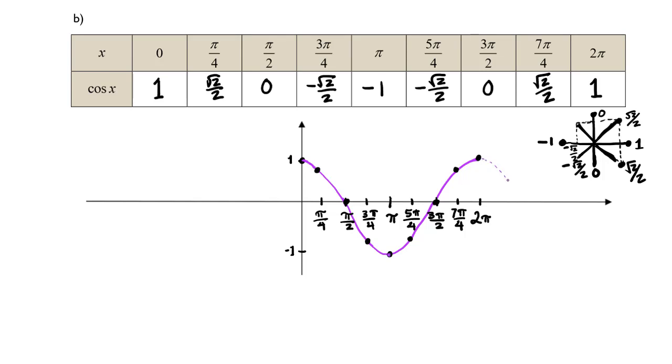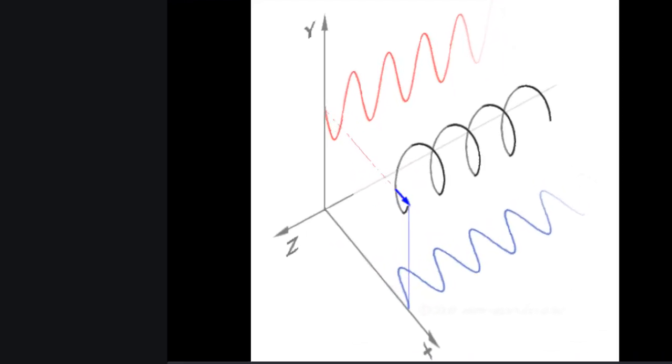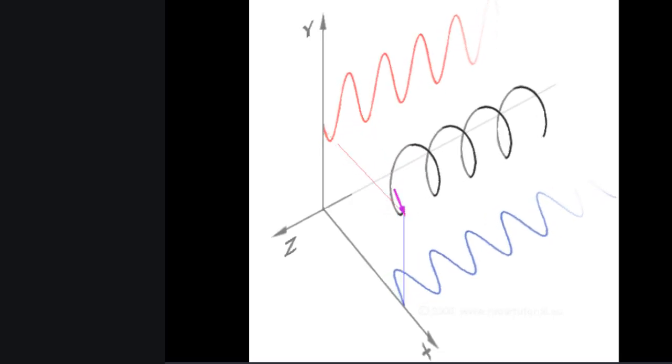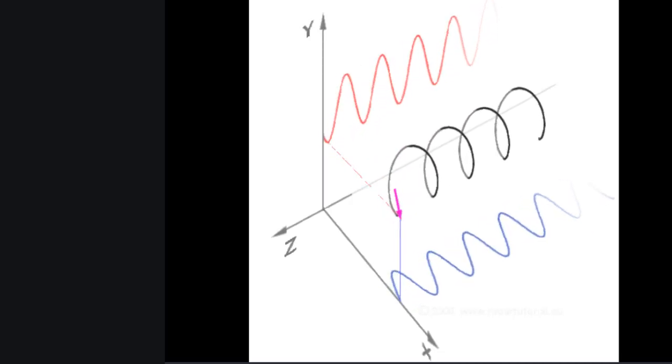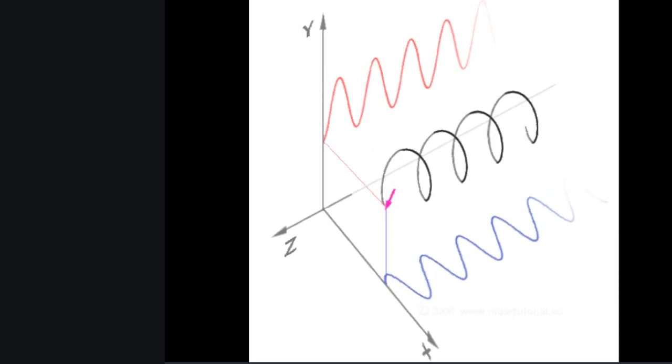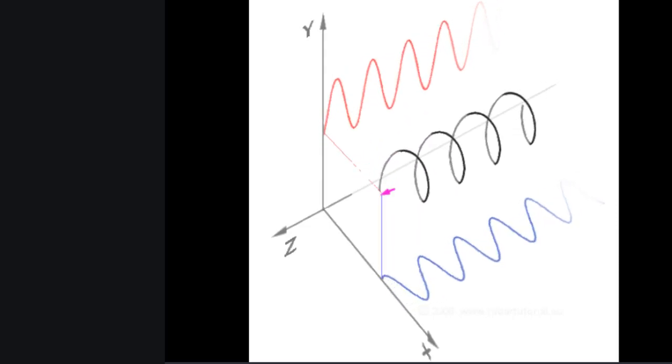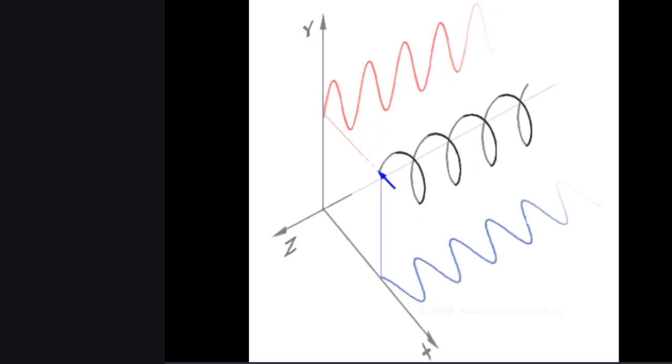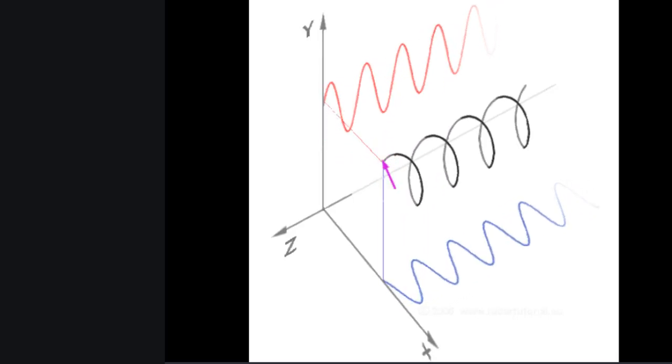So if I were to continue this pattern, you would see that it makes this kind of shape continuing in an oscillating manner. The reason I showed you how this corresponds with a unit circle is so that you could see how this is basically unwinding a unit circle representing x for cosine and y for sine.